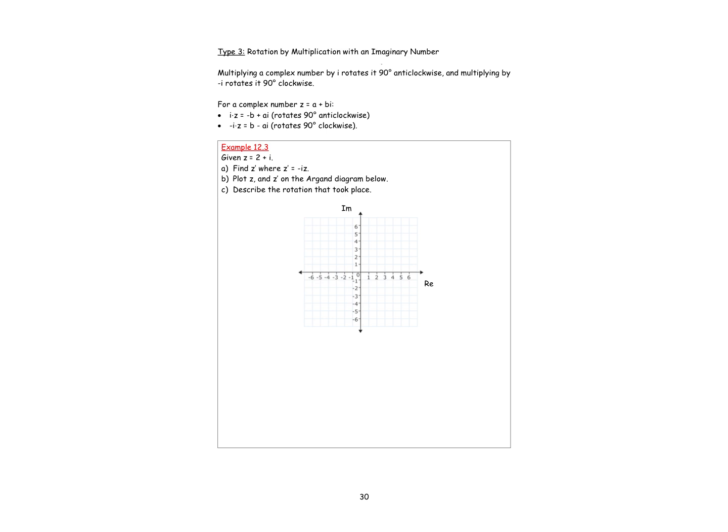As usual, this is best explained by going through an example. Example 12.3 says, given z is equal to 2 plus i, in part a, find z dash, where z dash is equal to -iz. Z is equal to 2 plus i, so this becomes -i times 2 plus i, which will leave us with -2i minus i squared.